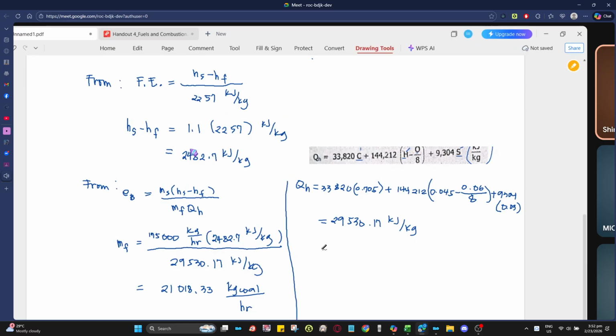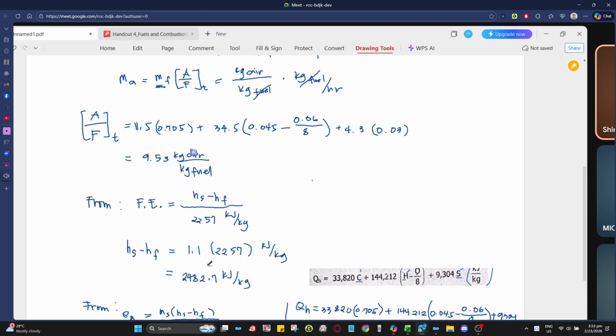Therefore, we add the mass of air, the volume of air. We're looking for the volume of air, which is equal to the mass of air.